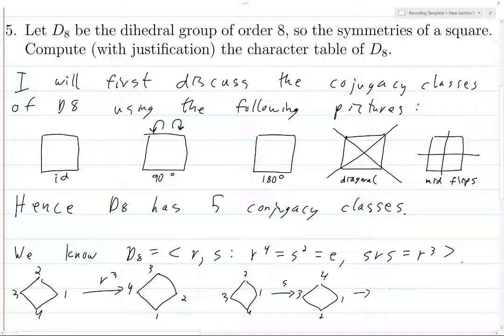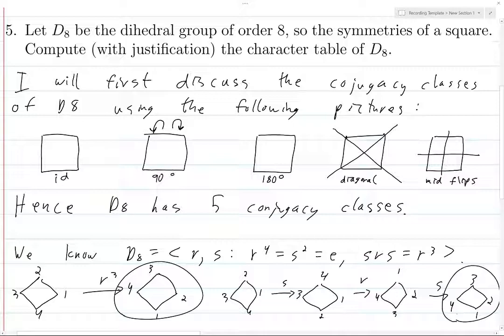That would give us 1, 4, 3, 2, and then we flip back, and that gives us 2, 4, 3, 1. And look, these two things are equal. So yeah, there we go. You should really be thinking of squares as diamonds so that it hits 1.